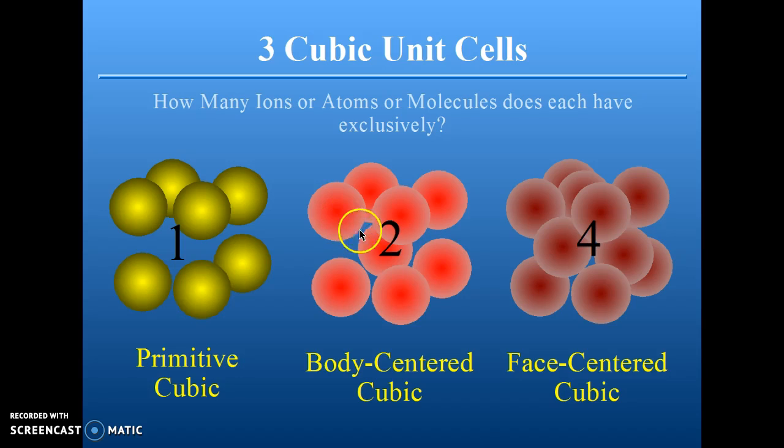If you look here, you see that the body-centered cubic has 1 right in the middle that belongs exclusively to this cell, but then it has the same 8 on corners, and so it has a total of 2 exclusively held molecules. Similarly, we can show that the face-centered cubic has 4 because each of the atoms on the face, there being 6 of them, each of those atoms would count 1/2, and then you have the ones on the corner.